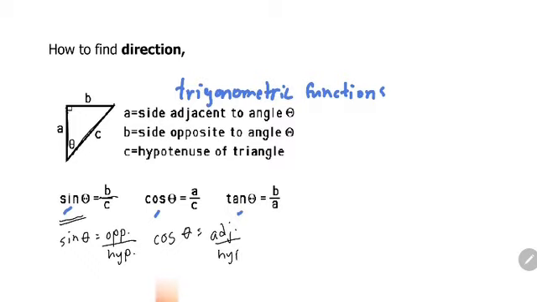So, if you want to use the cosine function, dapat given ka ng hypotenuse and the adjacent side. Pag naman the tangent function is opposite side over the adjacent, yung katabi niya.